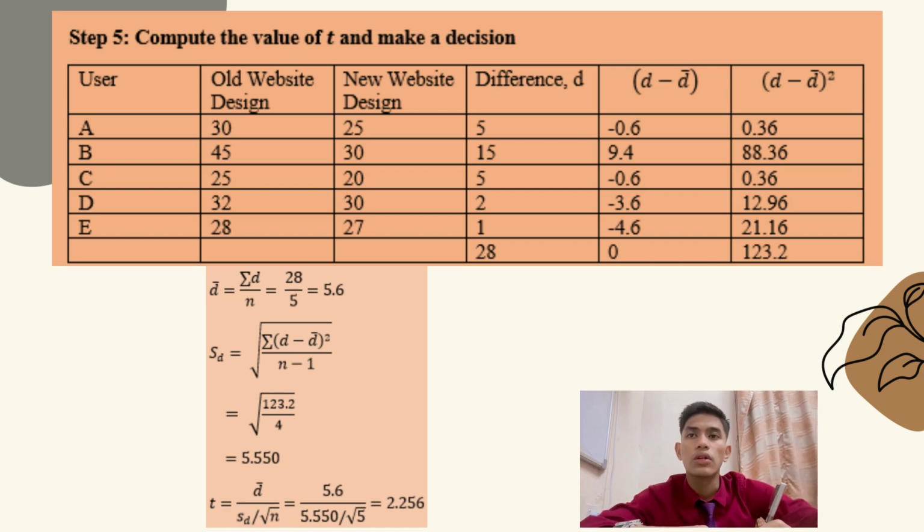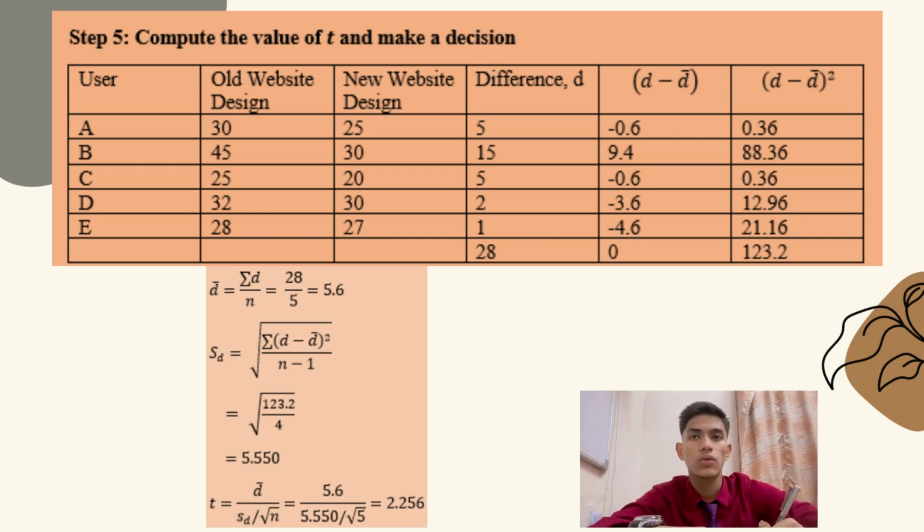Then, using d of each user minus d bar, we square it to get d minus d bar squared. Standard deviation is the square root of the sum of d minus d bar squared divided by total number minus 1.